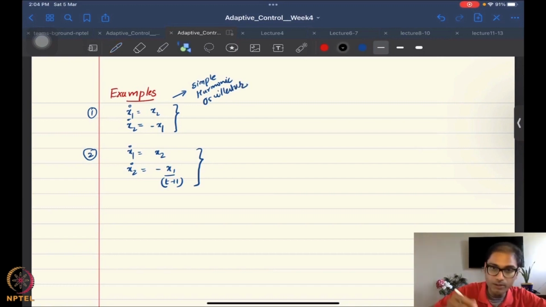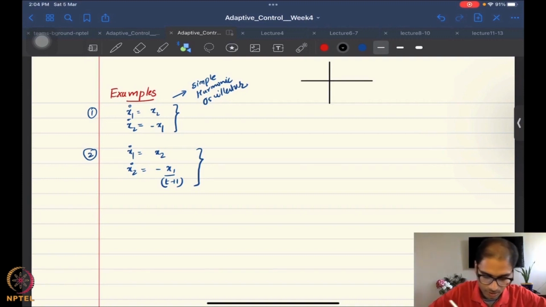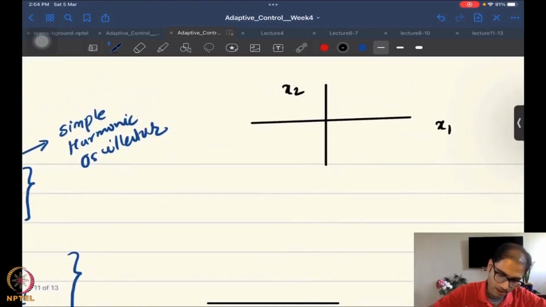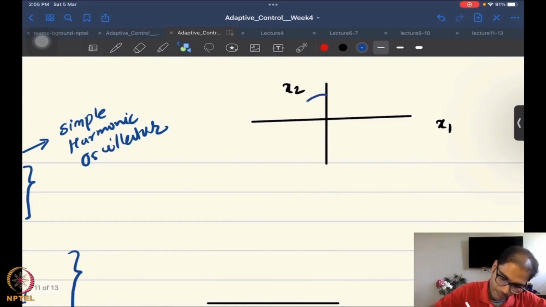What does it look like in the phase plane? If I make a phase plane plot of the trajectories of this system, it looks like a bunch of circles.